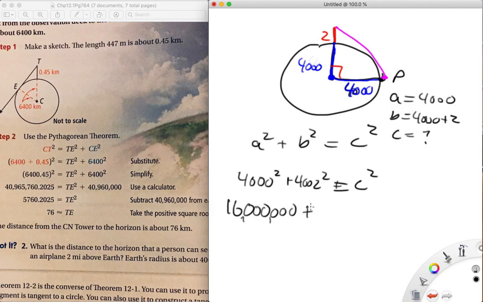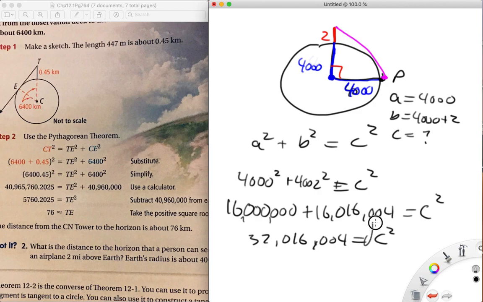Plus 16,016,004 equals C squared. And that gives me 32,016,004.